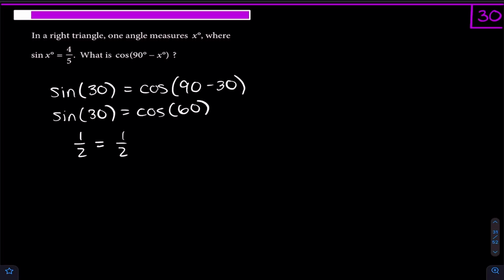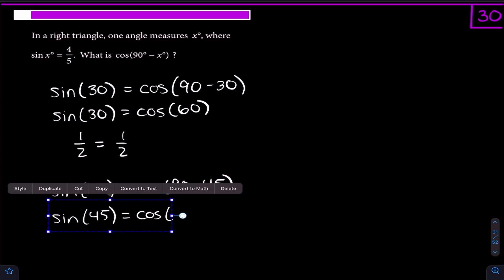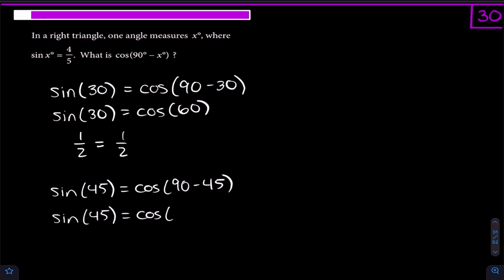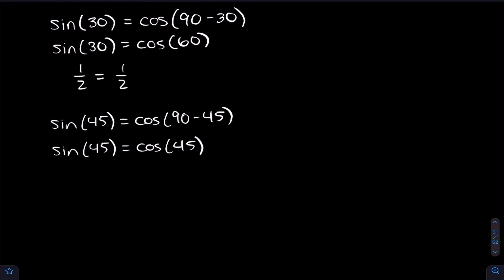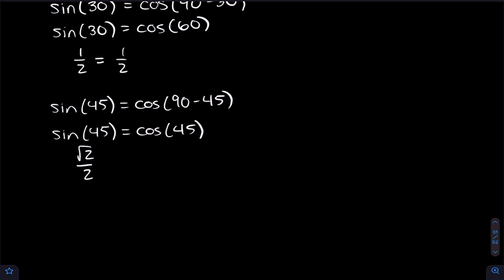You can also have sine of 45. That's equal to cosine of 45, or sorry, 90 minus 45. Because 90 minus 45 is 45. And we know that both of these are root 2 over 2.